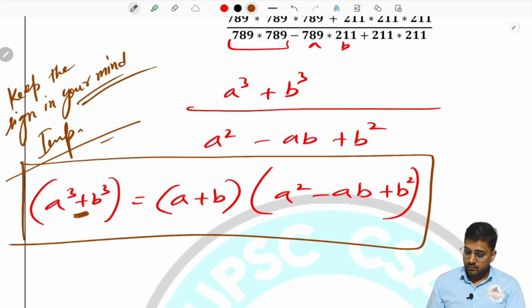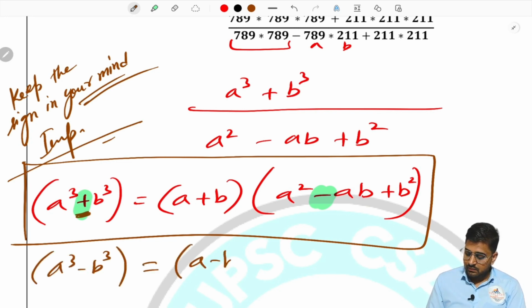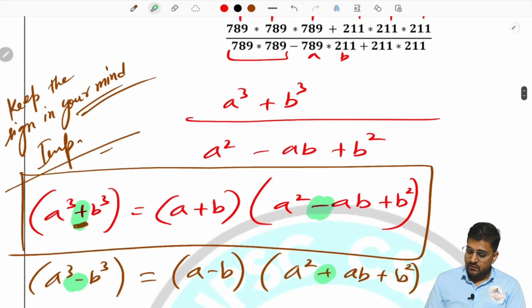This sign is very important. If it is positive, then this becomes negative. If it is A cube minus B cube, then it becomes A minus B times A square plus AB plus B square. So the sign gets changed. This you have to keep in your mind.